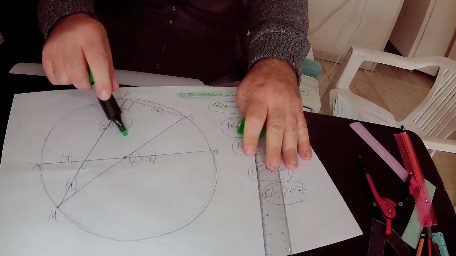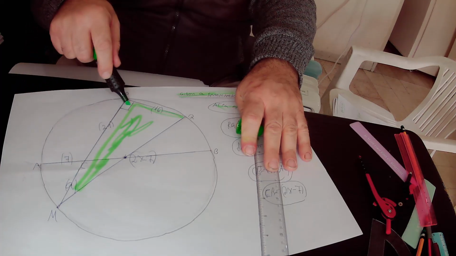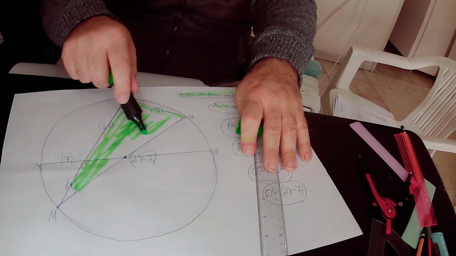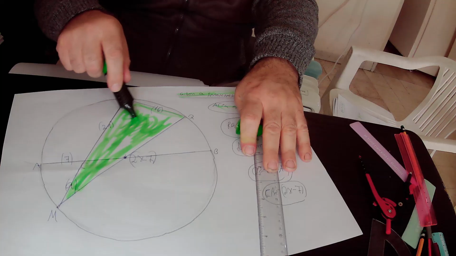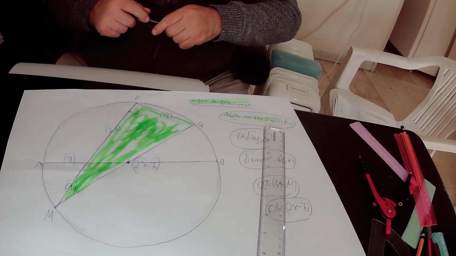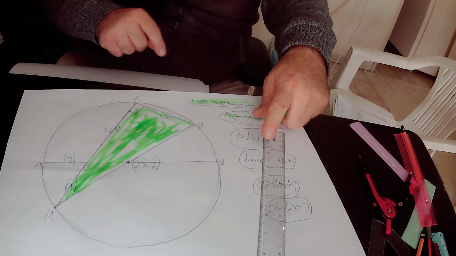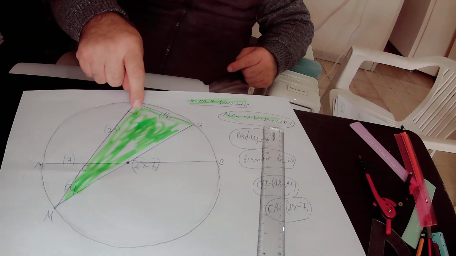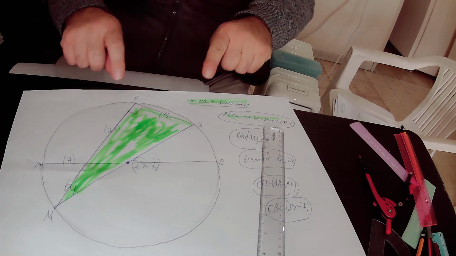So this is the right triangle QPM. This is the right triangle MPQ. This triangle equals 90 degrees inside and it subtends on chord QM.